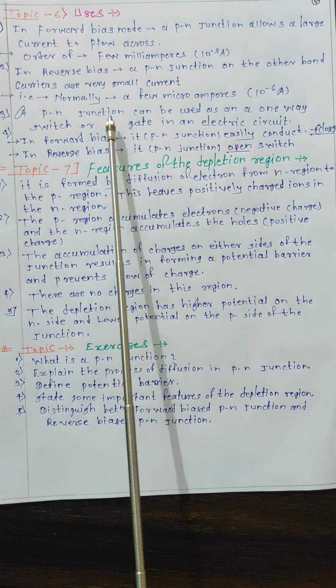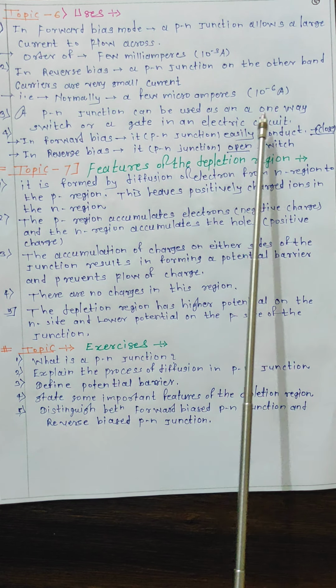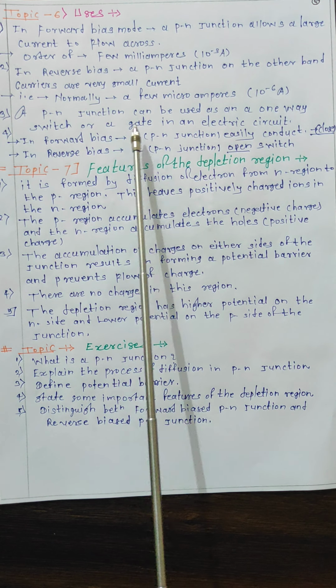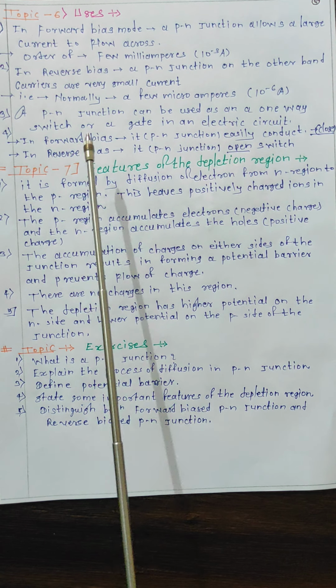Next, a PN junction can be used as a one-way switch or a gate in an electric circuit.